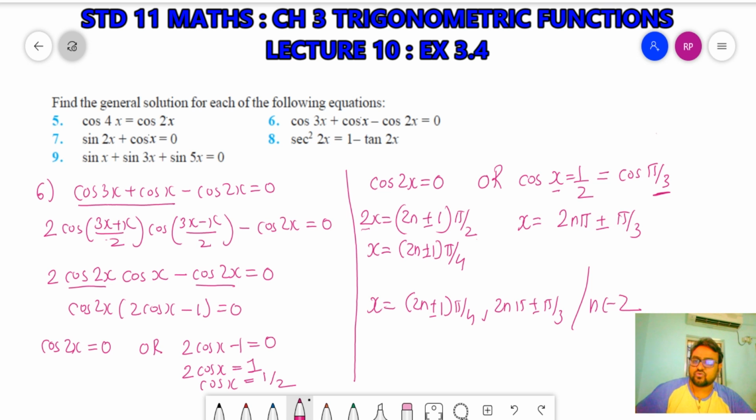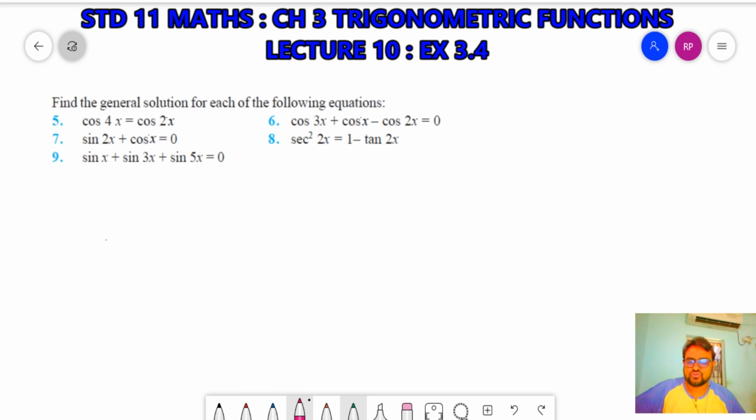Now let's move to question number 7. Sine 2x plus cos x equal to 0. Here we'll use the formula for sine 2 theta. What is the formula for sine 2 theta?